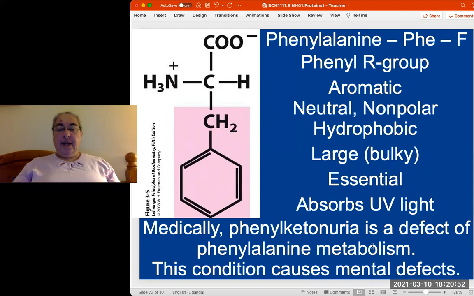In medicine, if there's a defect in phenylalanine metabolism, excess phenylalanine and its products can build up in the body in a condition called phenylketonuria, and this can disturb the body chemistry, especially brain chemistry, and cause mental defects, mental problems in developing children.